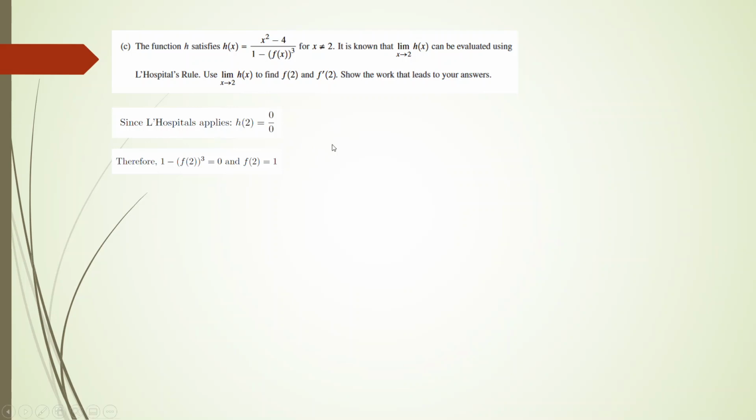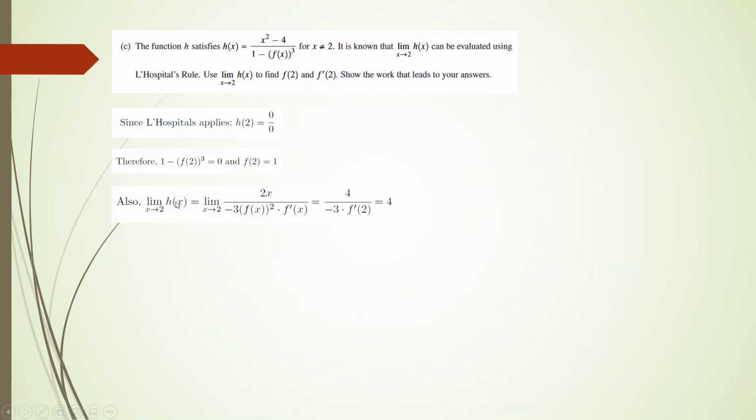Now the next thing about L'Hopital's is it says that as long as your form is indeterminate, what you can do is take the derivative of the numerator and take the derivative of the denominator and then take the limit of that as x approaches 2, and you should get the same answer as the limit of h when x approaches 2. So that's what you see me doing here.